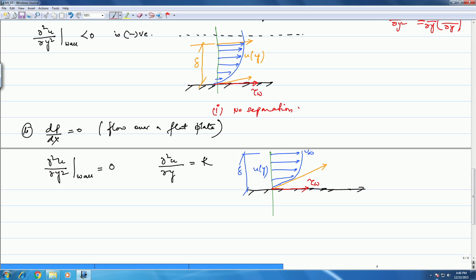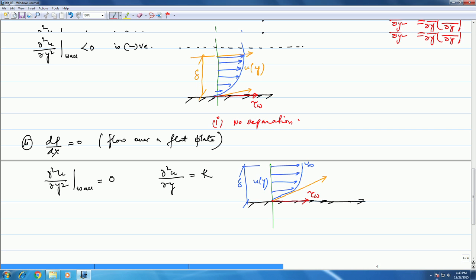What we had earlier is that this was negative at the wall. You can think of ∂²u/∂y² as ∂/∂y of ∂u/∂y, so it's the change in slope that you're looking at.